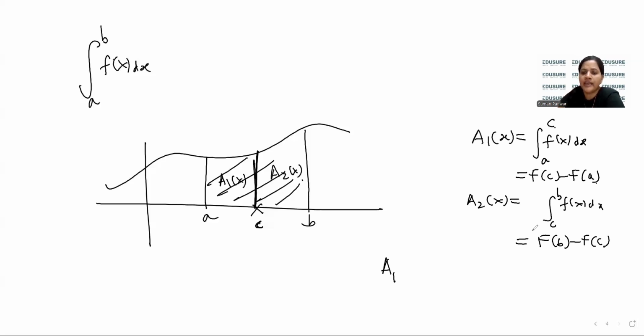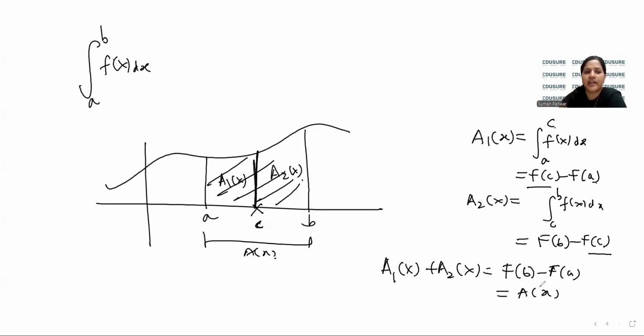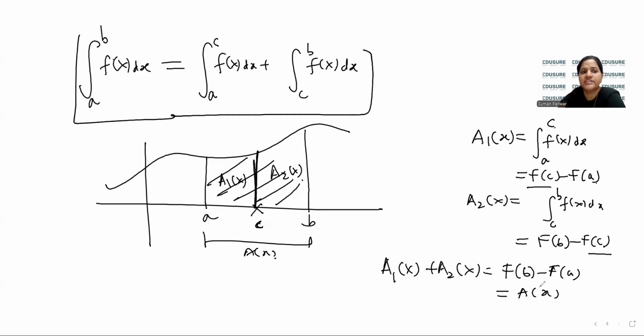So if we add A1 and A2, this F of c and this F of c will get cancelled. So we will get F of b minus F of a, which is nothing but the total area. So this is actually equal to the integral from a to c of f of x dx plus the integral from c to b of f of x dx. This is known as the integration property over adjacent intervals.